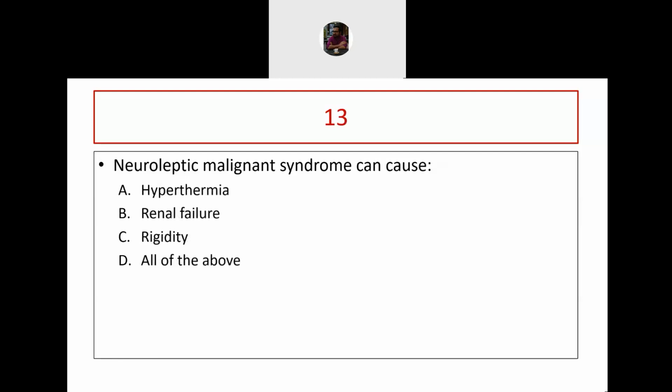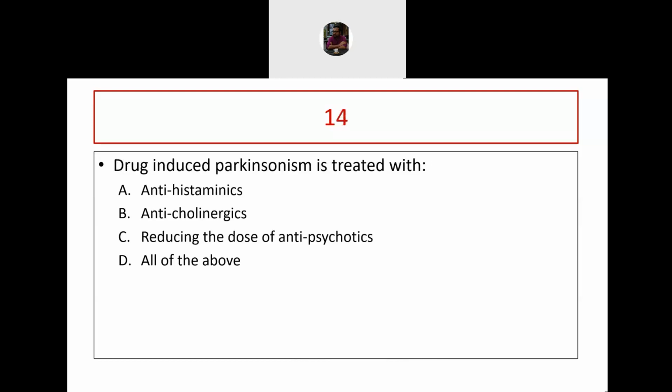Next question. Neuroleptic malignant syndrome can cause. Wonderful. The answer is D, all of the above. Drug-induced Parkinsonism is treated with.